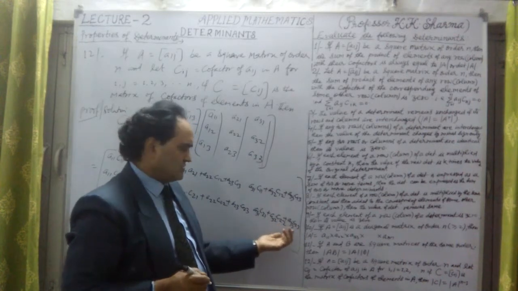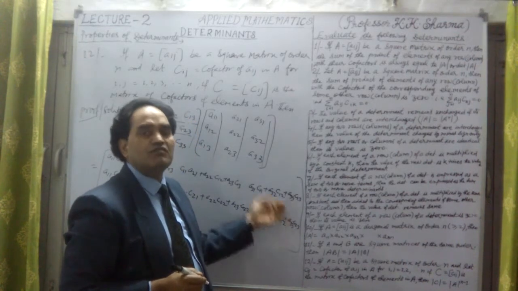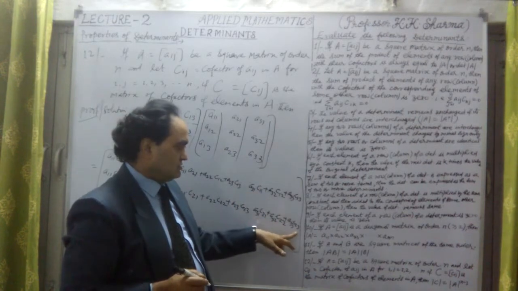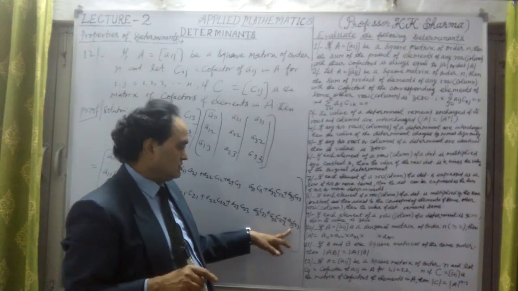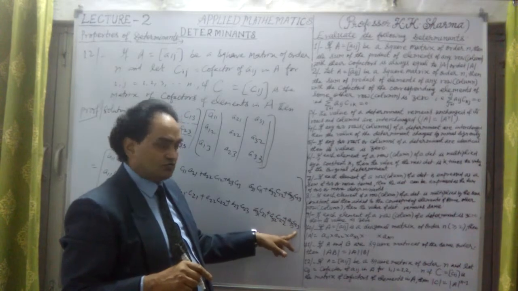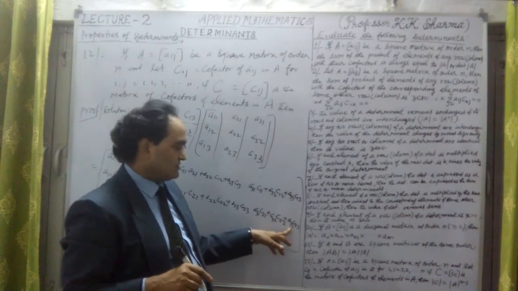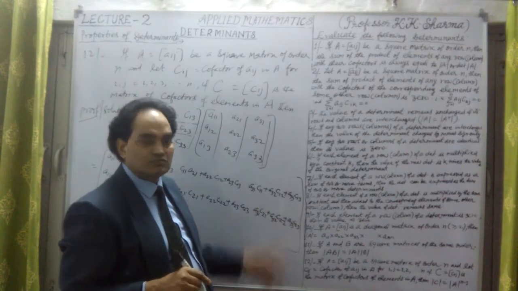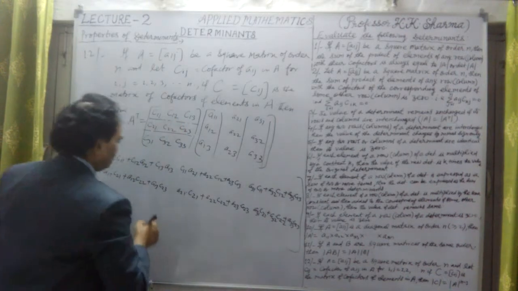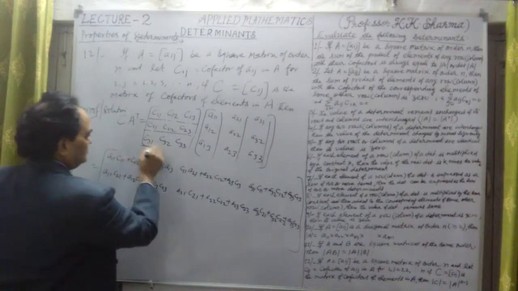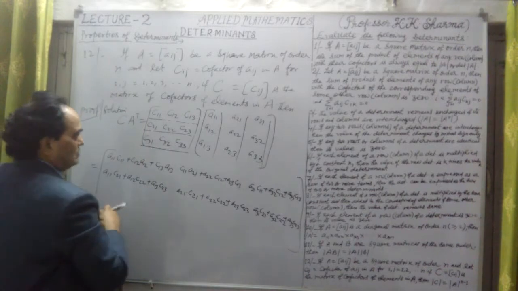C23 is of the second row, while A33 is the third element of the third row.